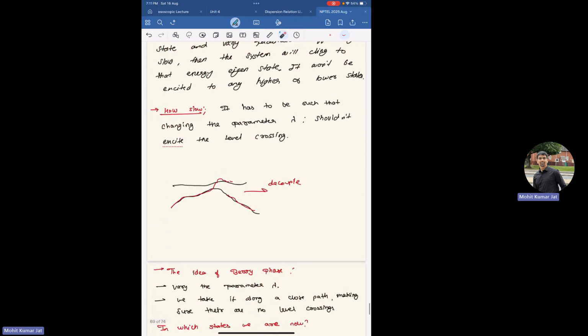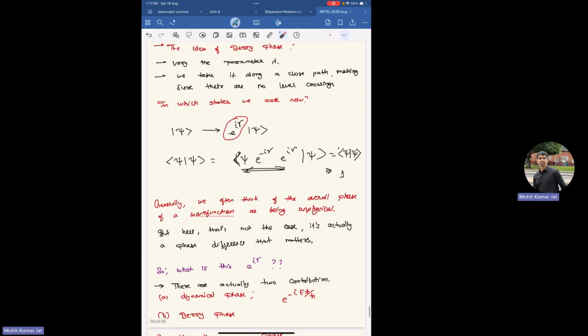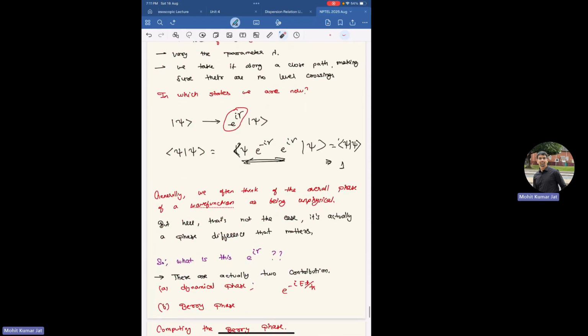Now, since you are in energy eigenstate E, as you evolve over time you will always be in that energy eigenstate. That's what the adiabatic theorem guarantees if you don't cross. Whenever a wave function moves in space, it picks up a phase, and there are two types of phases. One is the dynamical phase, the time dependent phase which every system picks up over time.